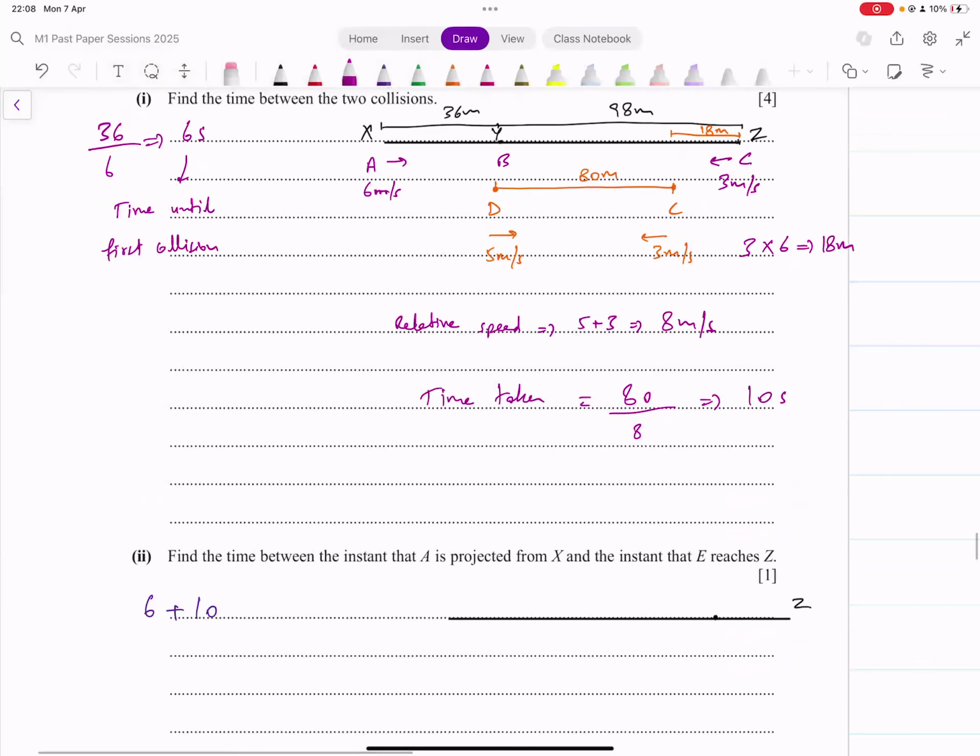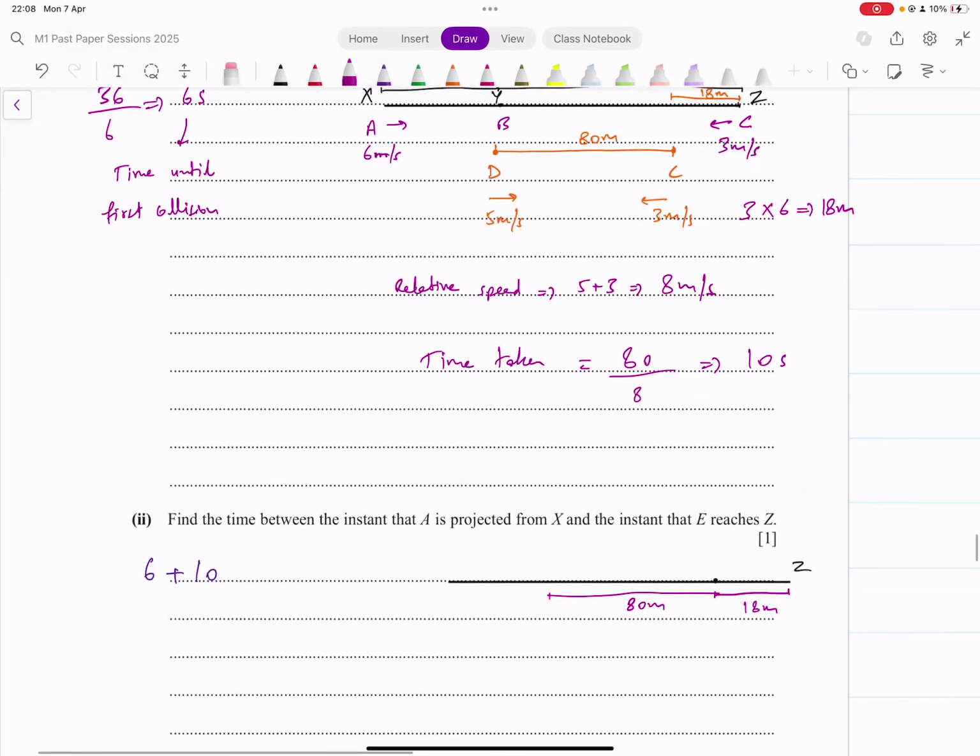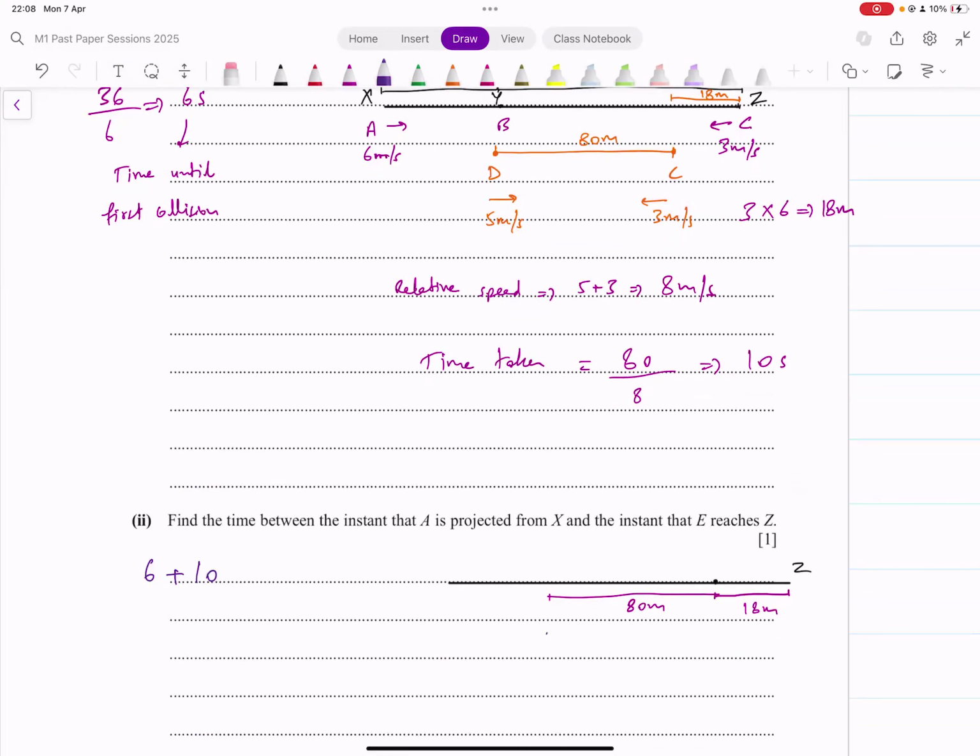We knew that this was 18 meters, and we also knew that further it was 80 meters. This was point D earlier, and this was point C. C was moving to the left, D was moving to the right. At what point does the collision happen?